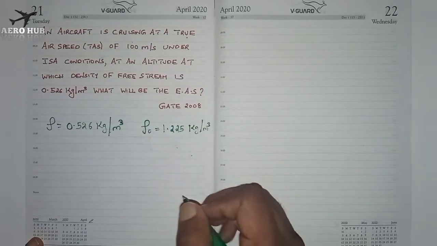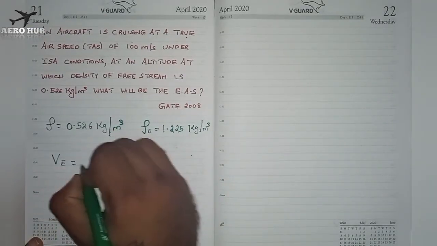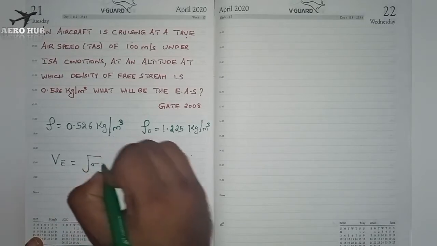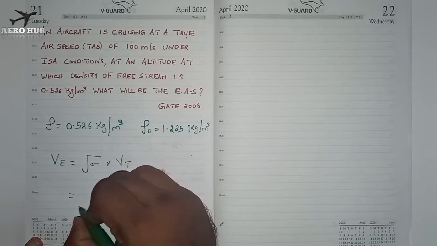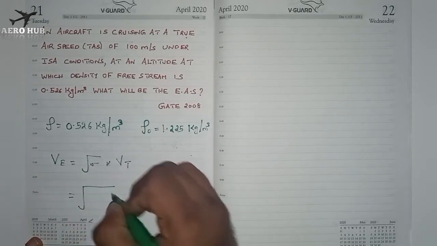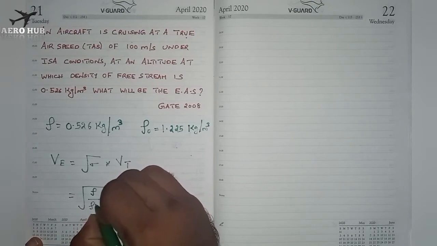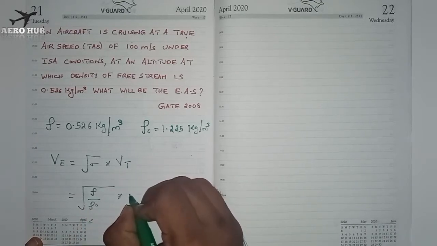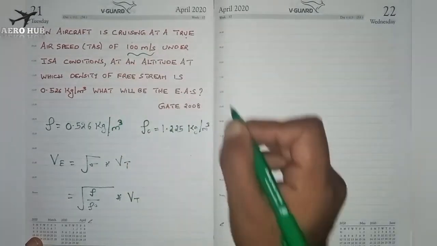From the previous problem we derived V equivalent is equal to root of sigma into Vt. So what is sigma here? The density ratio. So density ratio is nothing but rho by rho naught, into V true velocity, which is here 100 meter per second.